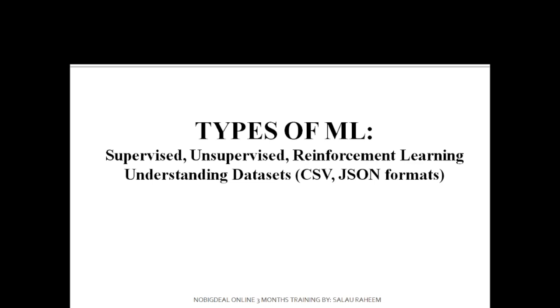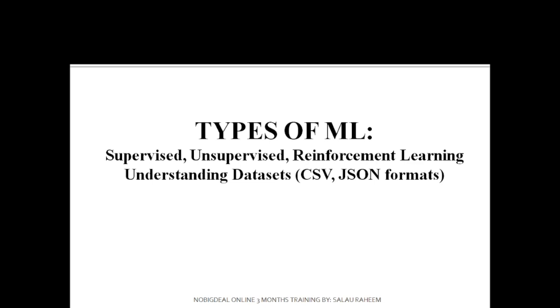Then the third type is reinforcement learning. The model learns by interacting with an environment and receiving rewards.